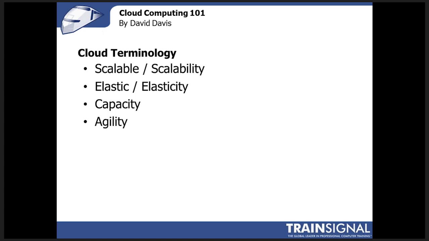So scale, or scalability. You want your infrastructure to be scalable, right? Let's say you have 50 servers today, the CIO walks in and says, okay, over the next year we're going to open up 1,000 new locations. Can the infrastructure support it? Well, you want a scalable infrastructure that can.